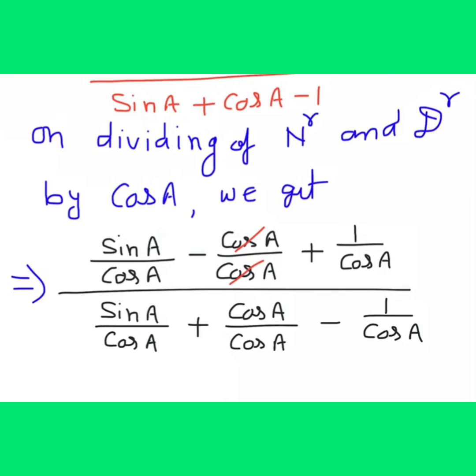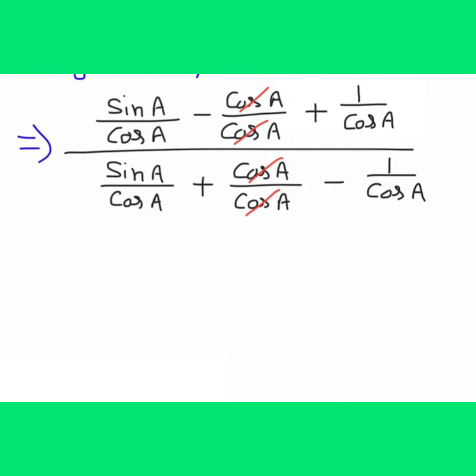Now dear, this cos A and cos A is cancelled out. Same way, in the denominator cos A and cos A is cancelled out.